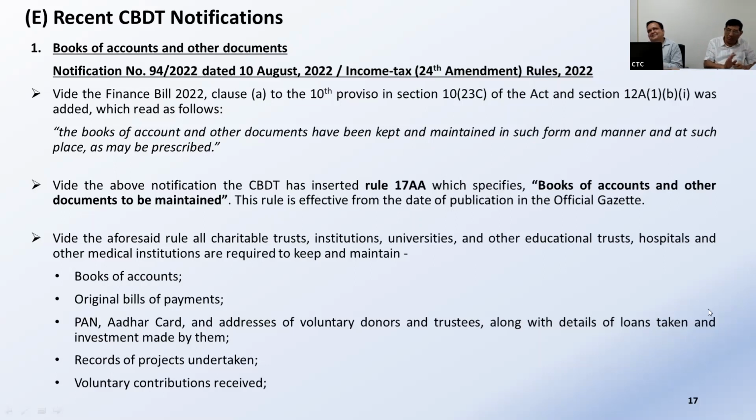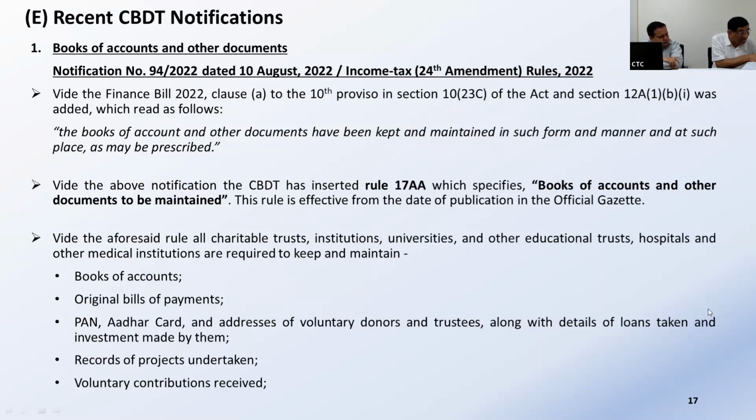Another very important point. Section 12A(1)(b) was amended by the Finance Act 2022, wherein the provisions on books of accounts are incorporated. Earlier it was about audit, the provision for audit, that is Form 10B to be filed.